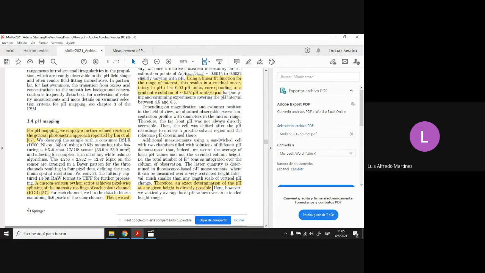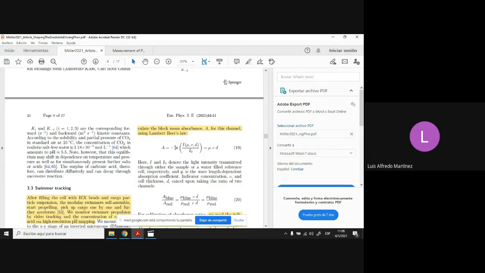In this work, the general photometric approach is used in this investigation, and the images are analyzed by means of a Python script that analyzes the colors of the image and uses the Lambert-Beer law to calculate the mean absorbance A with this equation.